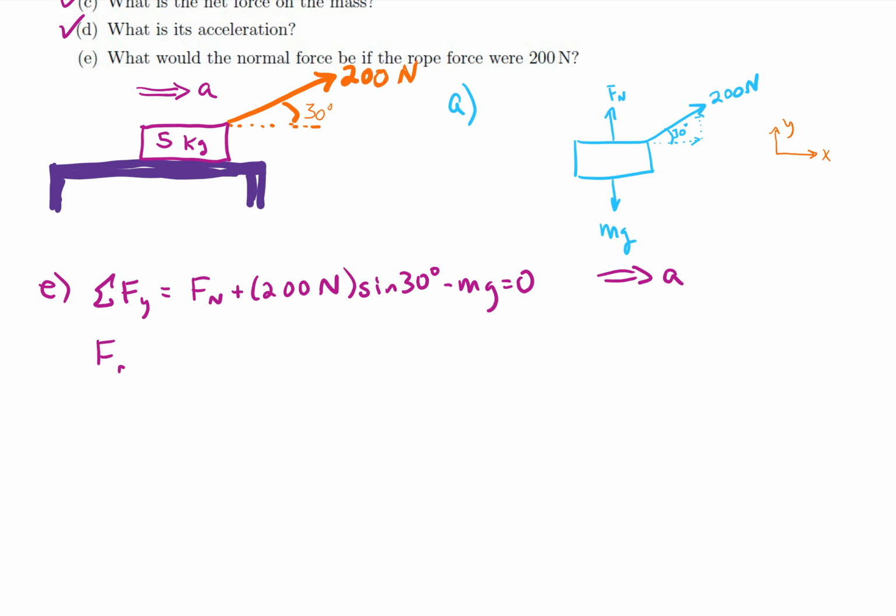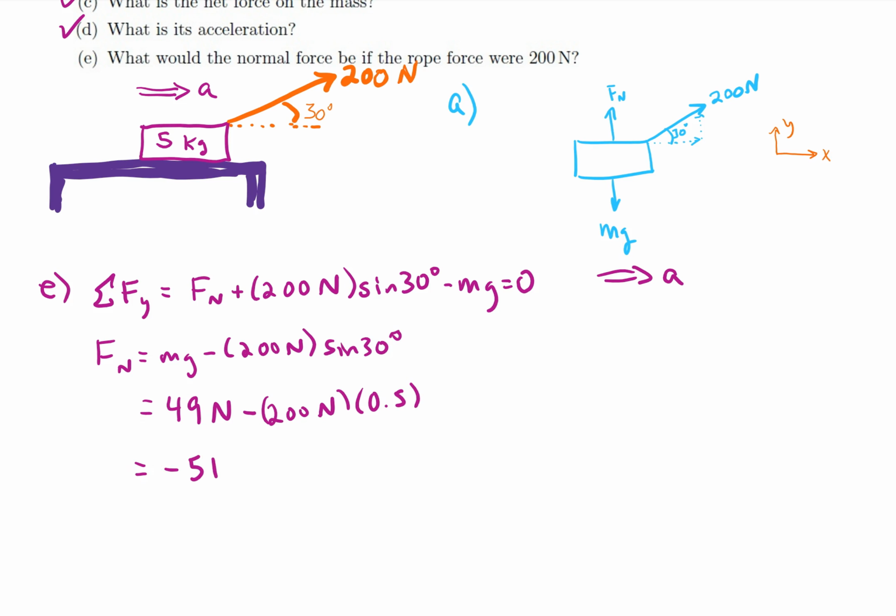And so the normal force was mg minus 200 newtons times sine of 30 degrees, which was 49 newtons minus 200 newtons times 0.5, which in this case looks like it's going to be negative 51 newtons.